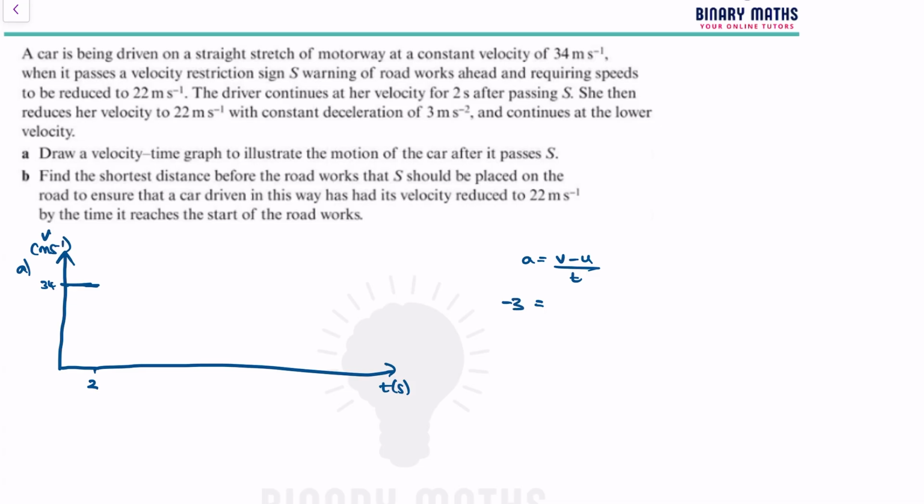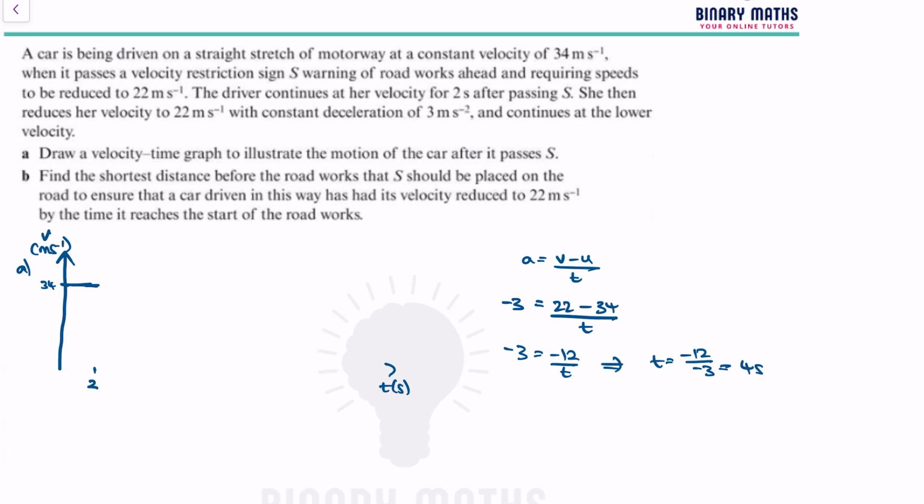The final velocity is 22, and the initial velocity is 34. So minus 3 will be equal to minus 12 over t, which implies t is equal to minus 12 over minus 3, which is equal to 4 seconds. So after 2, if you increase 2 by 4 seconds, you get to 6. So that means at 6 seconds, it drops to, let's say, 22 somewhere here.